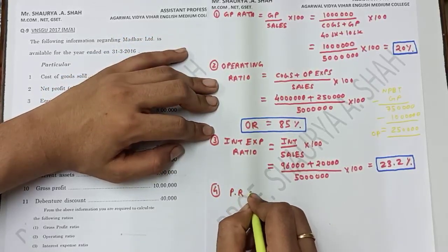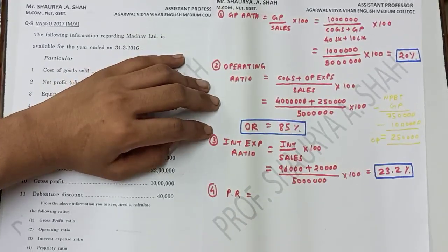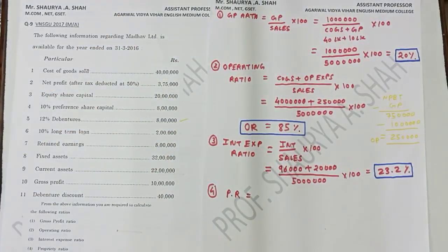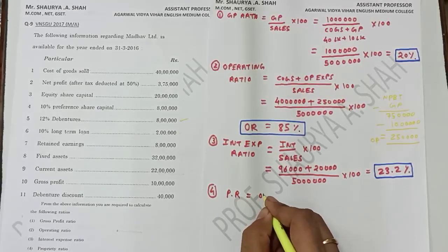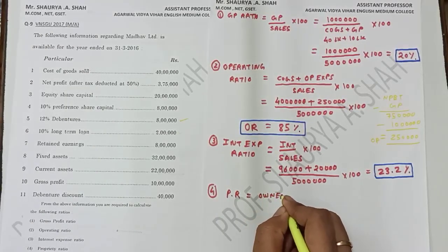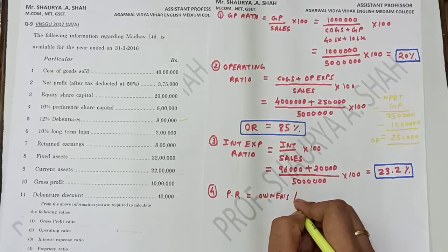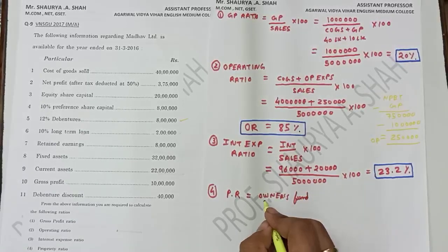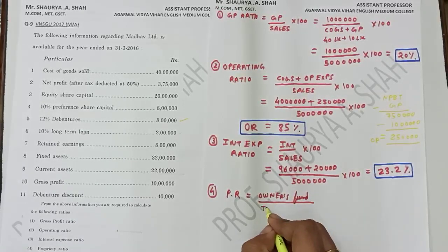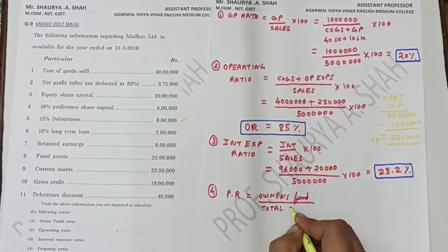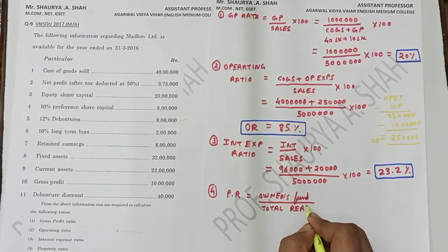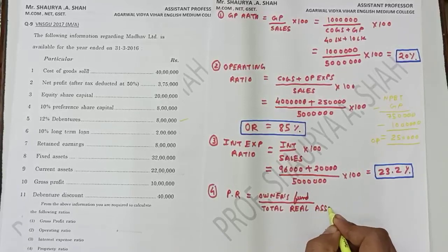Proprietary ratio is equal to owner's fund divided by total real assets, right?